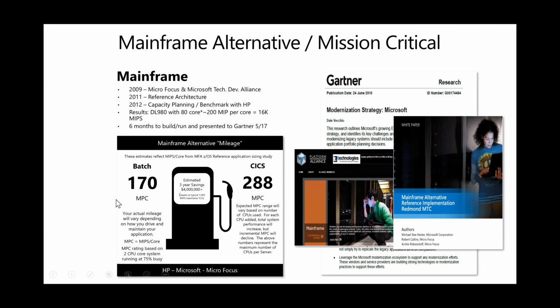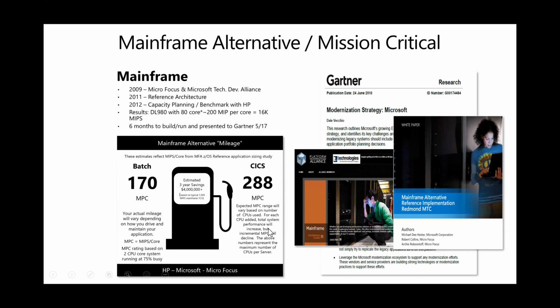So what we found is that you could get about 170 MIPS for every vCPU or core of x86 for batch, and 288 MIPS for every online CICS comparison. And this is actually published where you can go out and read about this, etc.